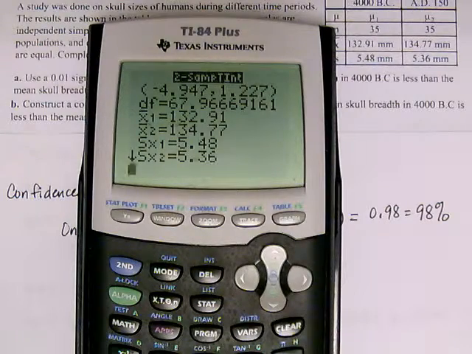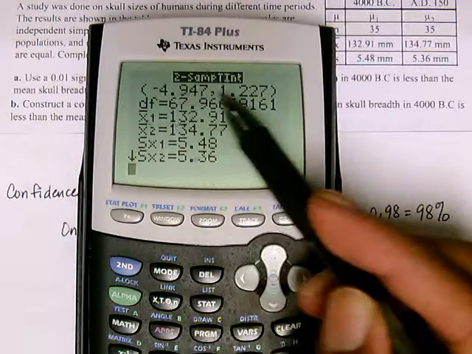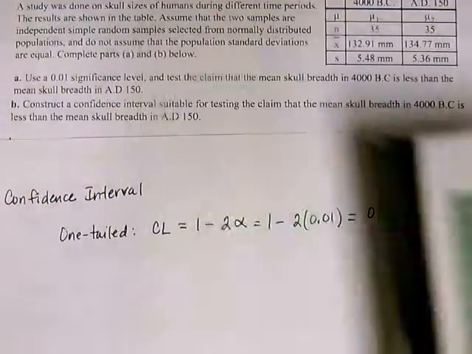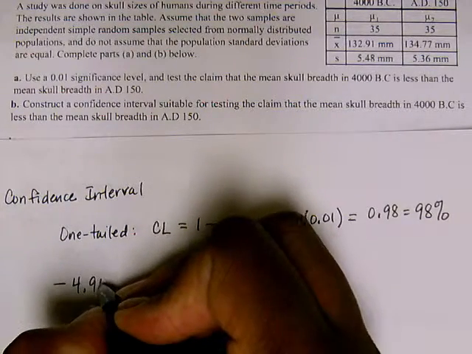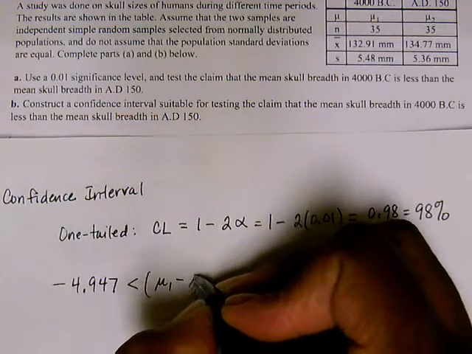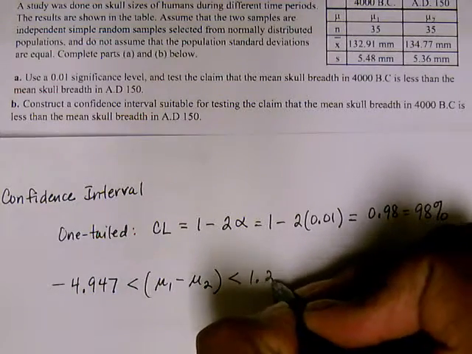And there's our confidence interval limits at the very top. And it's already to 3 decimal places. So the lower limit is negative 4.947, and that's less than mu1 minus mu2, and less than 1.227.